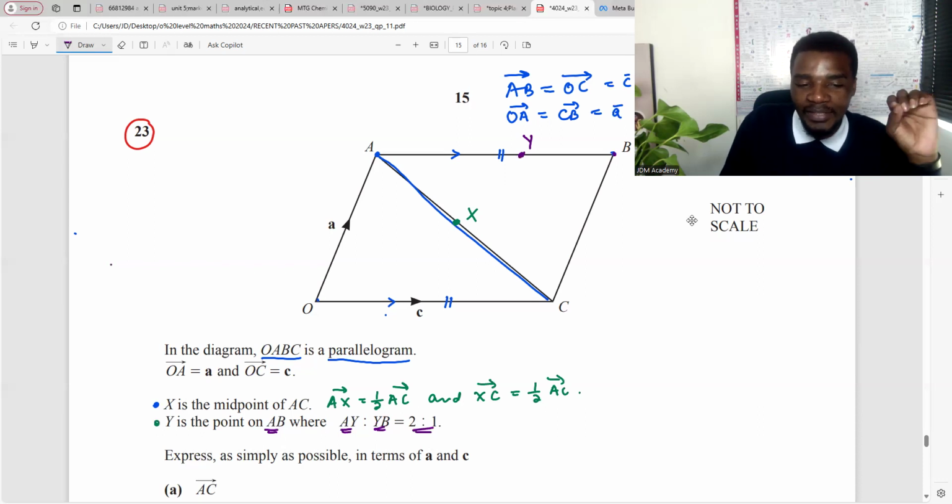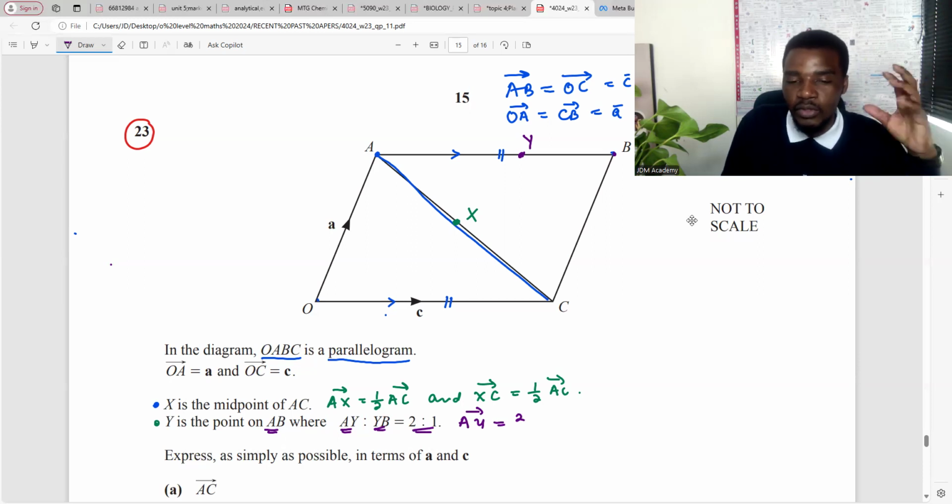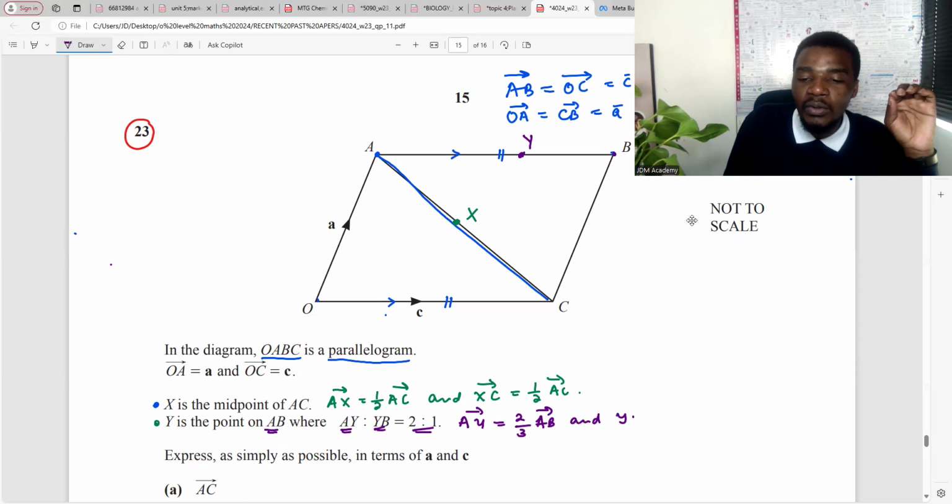If you interpret this ratio, vector AY, from A to Y, is basically 2/3, because we've got 2 parts for AY and 1 part for YB. So the total is 3 parts. So AY is 2/3 of AB, and vector YB is 1/3 of AB.